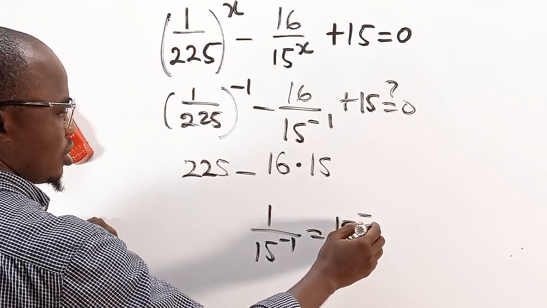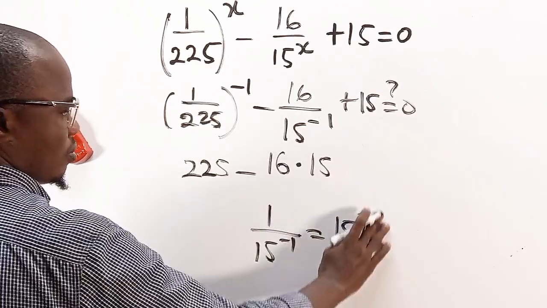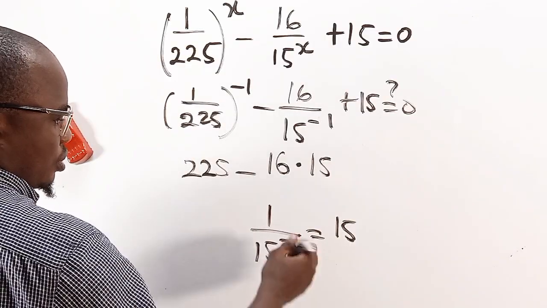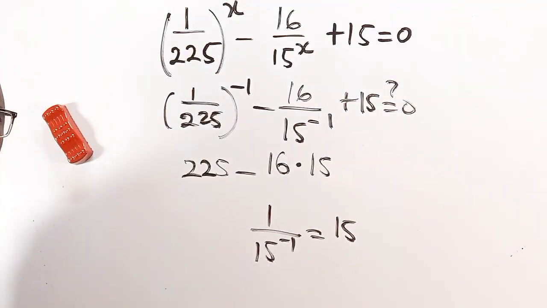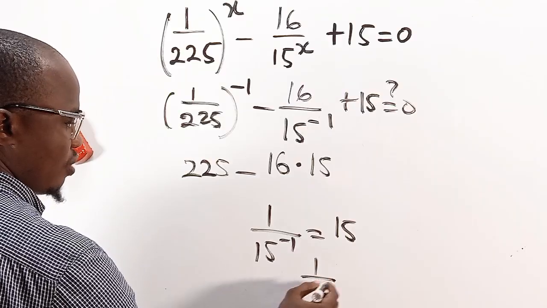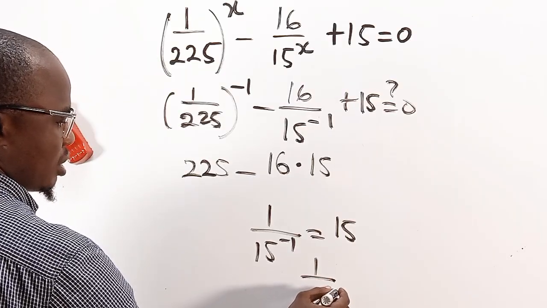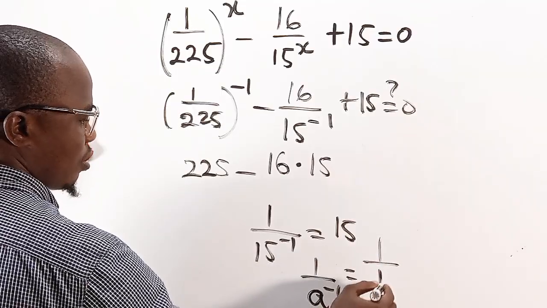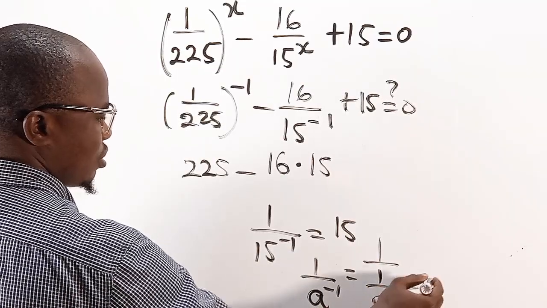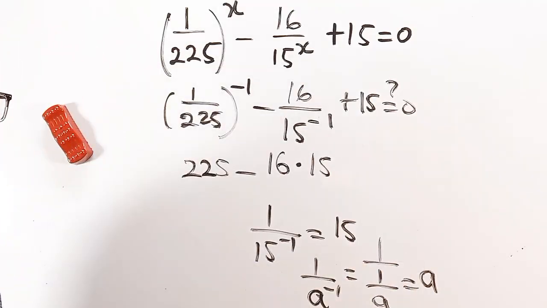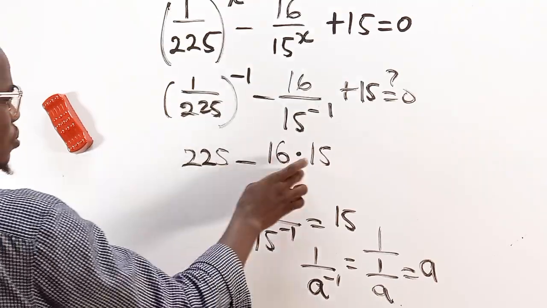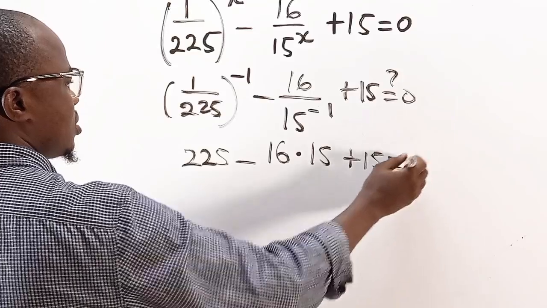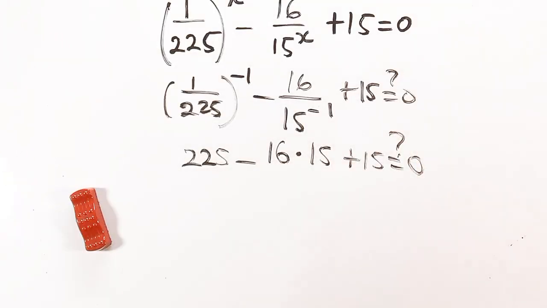Understand? When you have 1 over a to the power of minus 1, this is going to be 1 over 1 over a, and this will give us a. Understood? So that is what we did here. This to be 15. Will this be 0?